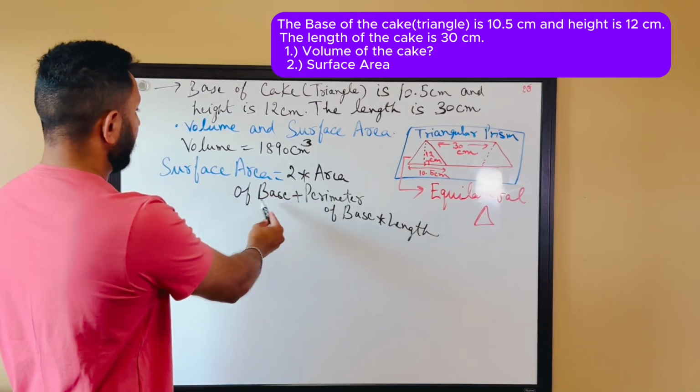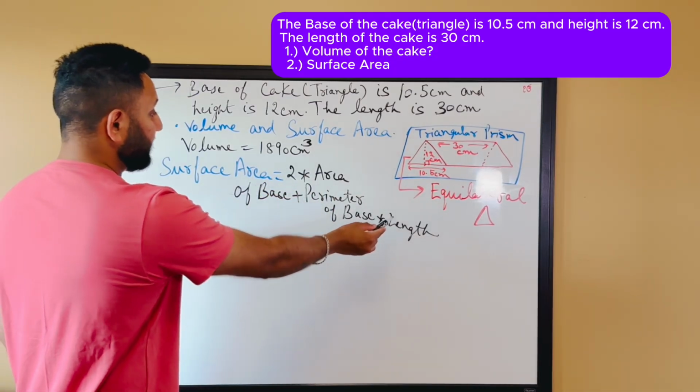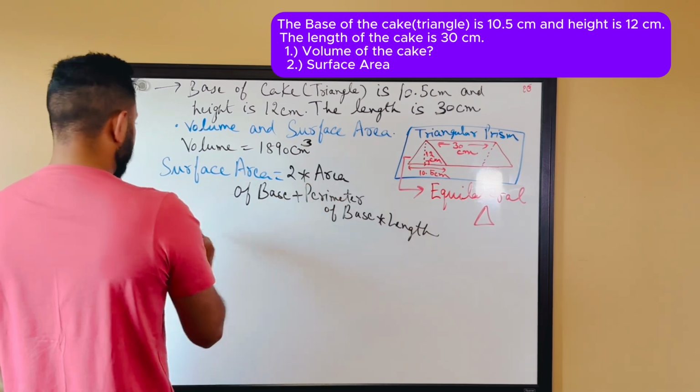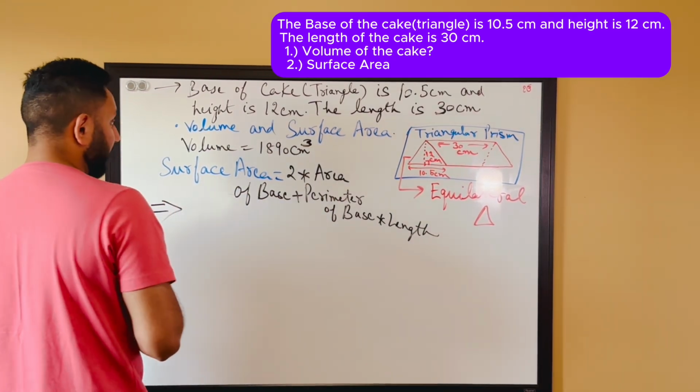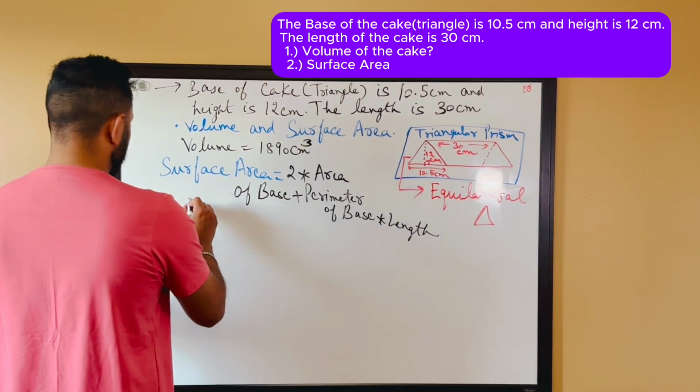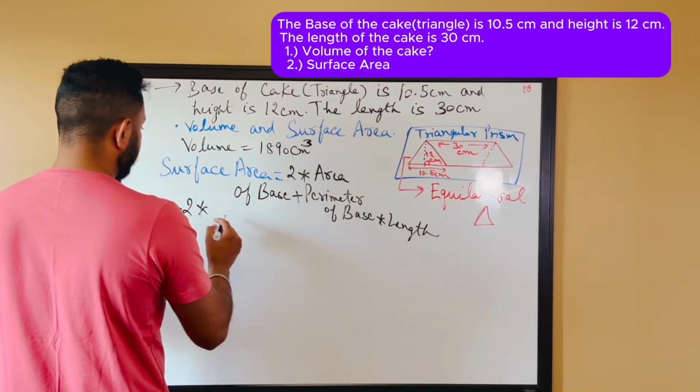So twice of area of base plus perimeter of the base into length. So let's simplify the formula more. Twice into area of the base.